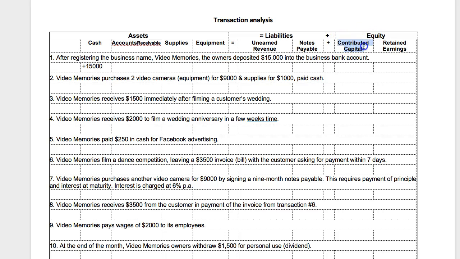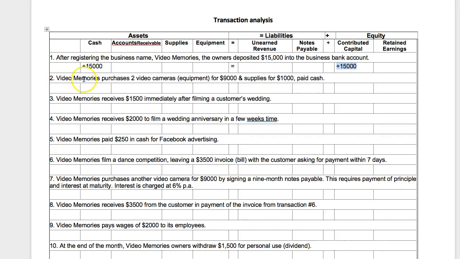The definition we looked at, contributed capital, is money invested by the owners. So this will also increase the contributed capital in the business. And we just check each time: does $15,000 equal $15,000? Yes, it balances. It has to balance.